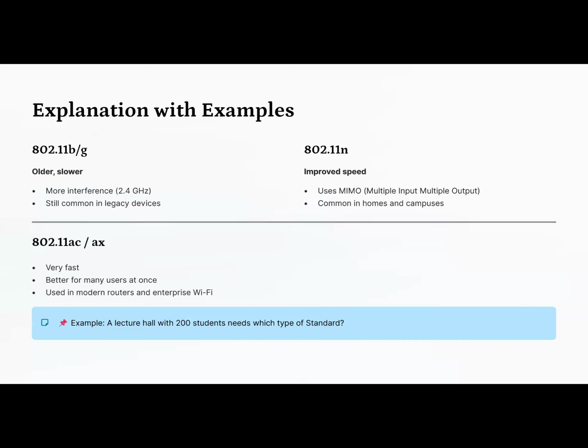So this slide, for instance, compares different generations of Wi-Fi standards and explains why newer standards perform better in the real world. So if you look at the 802.11b and G, they are the oldest and they are slower. And these standards are among the earliest widely used Wi-Fi or wireless fidelity technology.